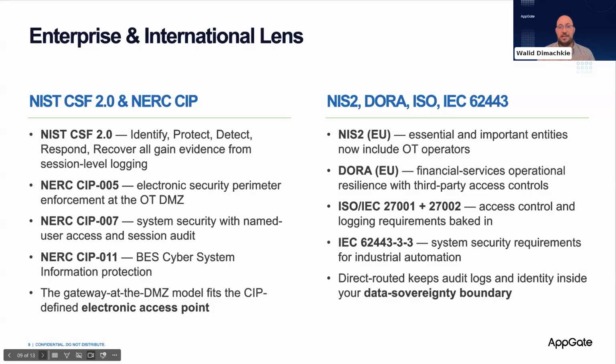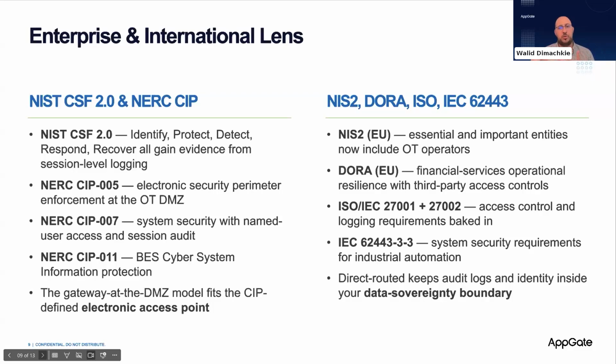CIP 11, again, is another one where we're protecting the BCSI data, the bulk electric system cyber system information. I'm always going to mess up that acronym. Being able to protect that, making sure that it always is encrypted and we're not leaking out unencrypted information.